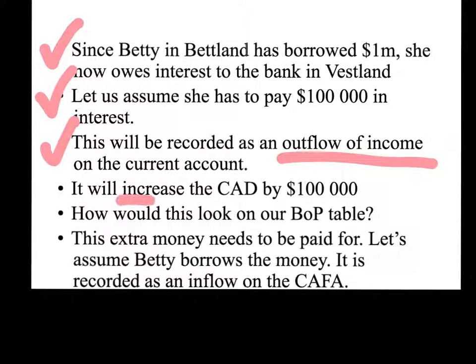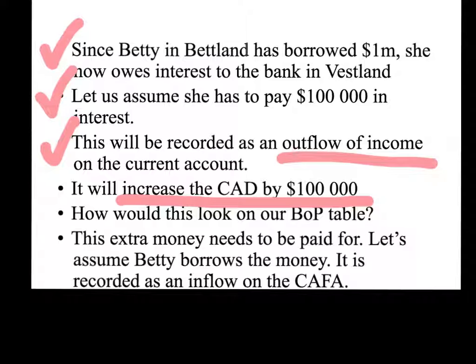It will increase the current account deficit by $100,000. How would this look in our balance of payments table? We'll find out in a second, but hopefully you're thinking, that's going to increase the current account deficit by $100,000.